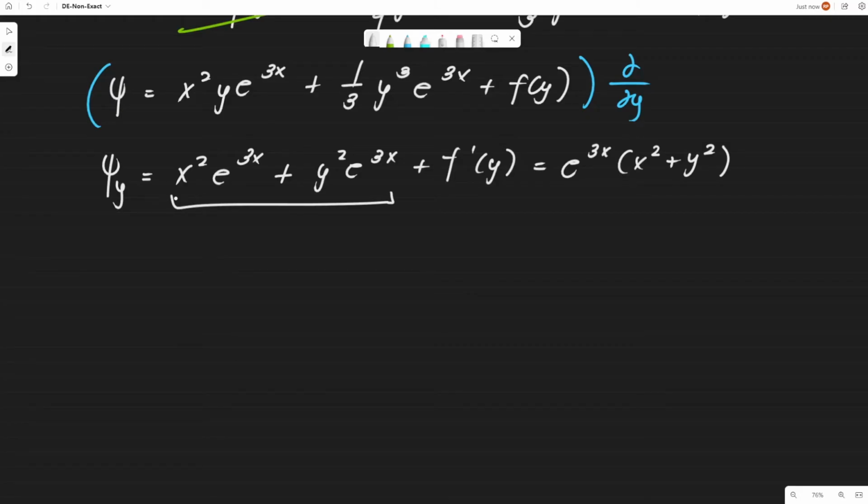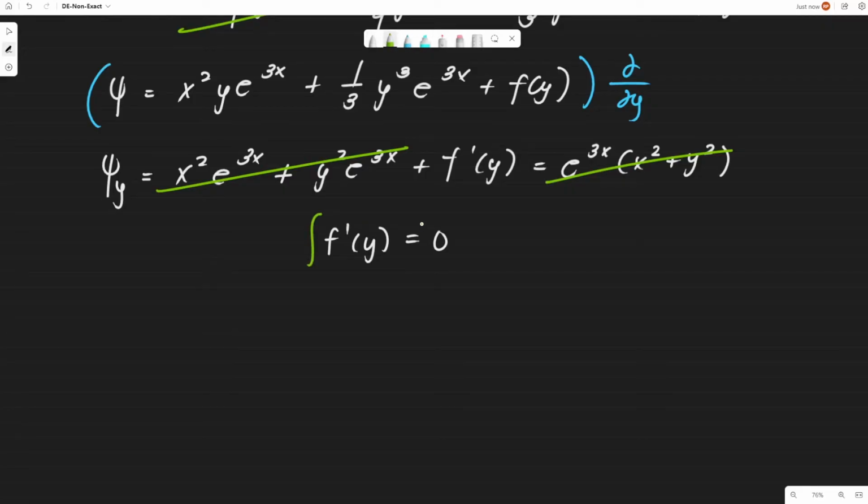Meaning this whole term, x squared e raised to 3x plus y squared e raised to 3x, is equivalent to e raised to 3x times x squared plus y squared. So they will just cancel. Hence, after that long equation, f prime of y is equal to 0. And if we get the antiderivative of this function with respect to y, we will get f of y, or sorry, wait a moment.